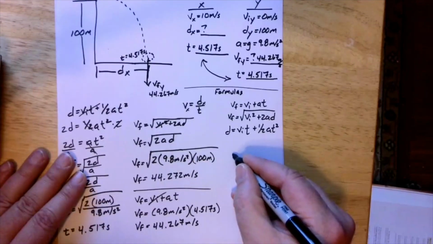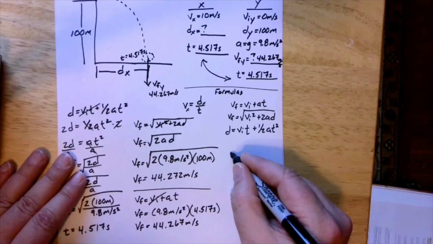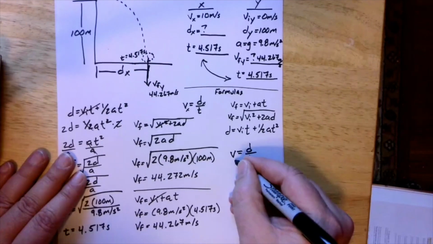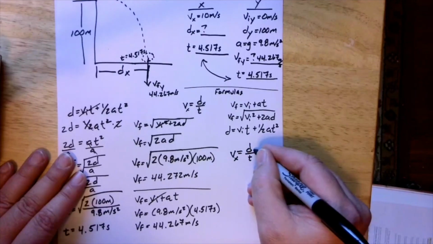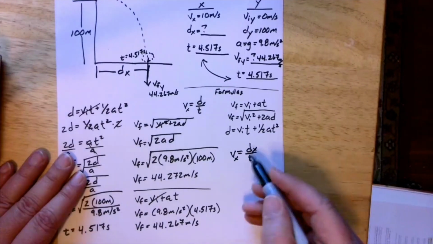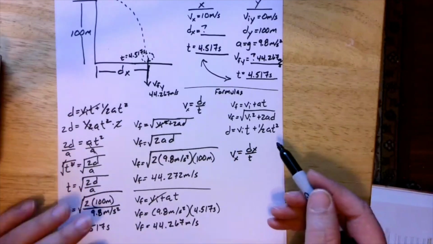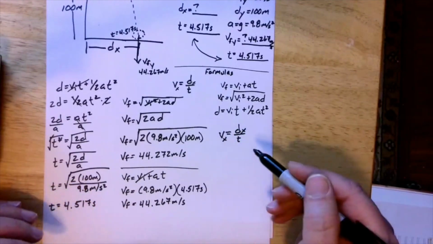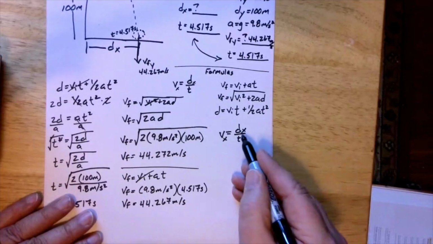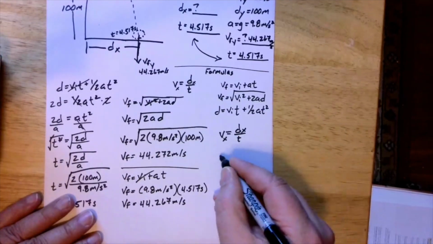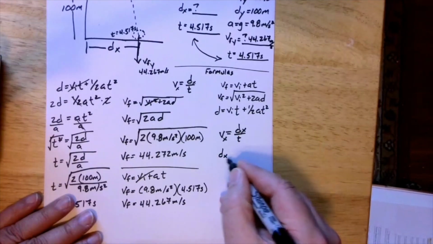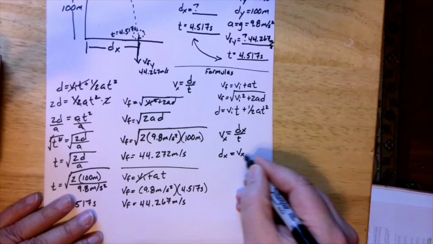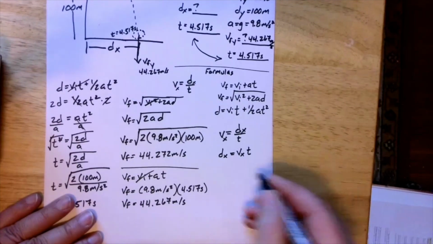So now, for the last part of it, to solve for the range, velocity is equal to distance over time. Now I'm looking at the velocity in the x direction, and I'm solving for the distance in the x direction. You can't cross x and y, okay? So you have to separate everything in the x from everything in the y. I need to solve for the distance in the x direction. So the distance is equal to the velocity in the x direction times time.